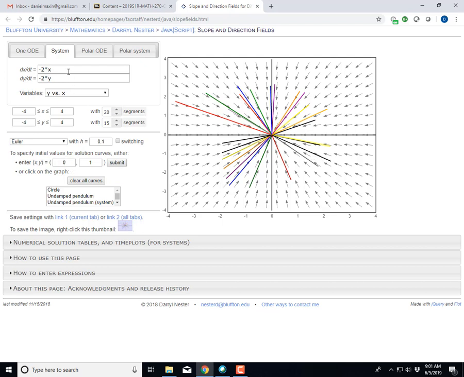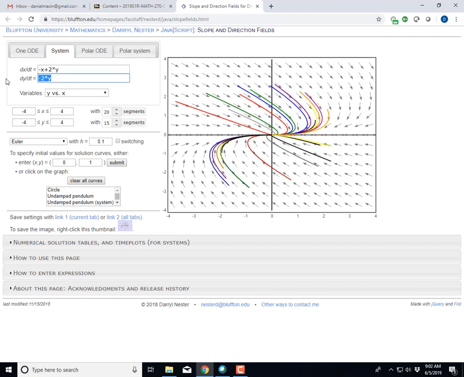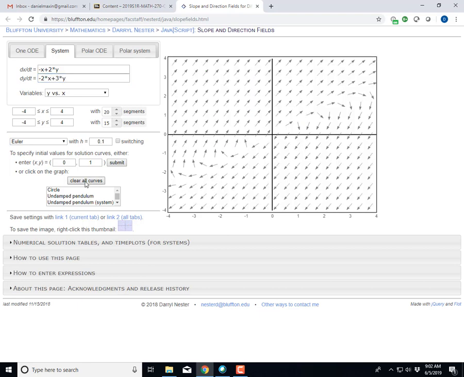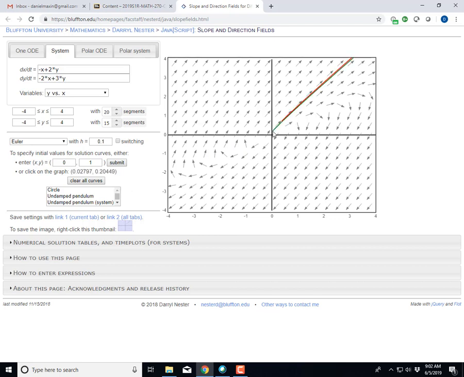Let's move on to the degenerate node, single eigenvalue, single eigenvector. So we have minus 1, 2, minus 1, 3. So minus x plus 2 times y, and minus 2 times x plus 3 times y. So this is the straight line solution. I'm trying to click right now right on the eigenvector itself.